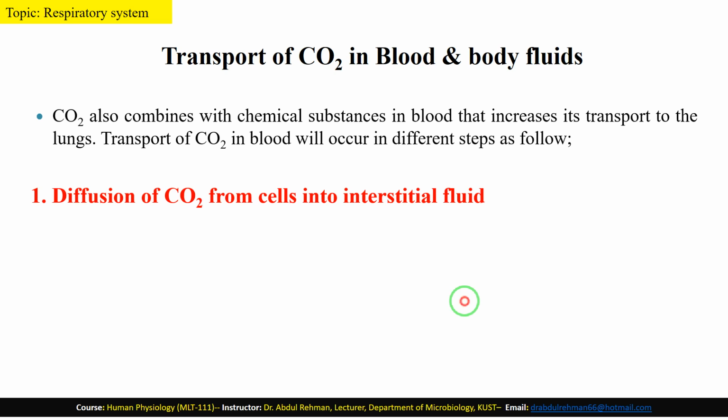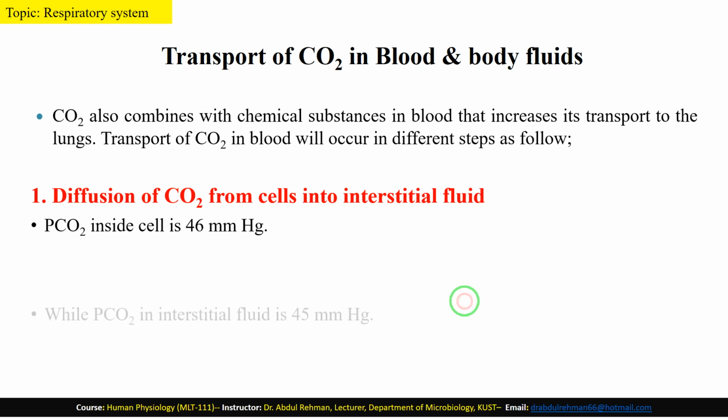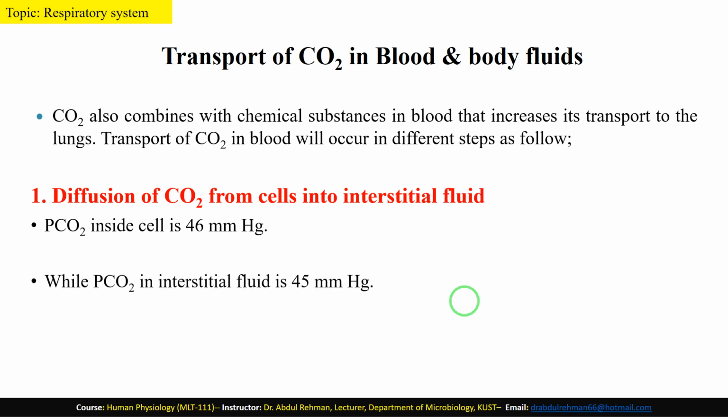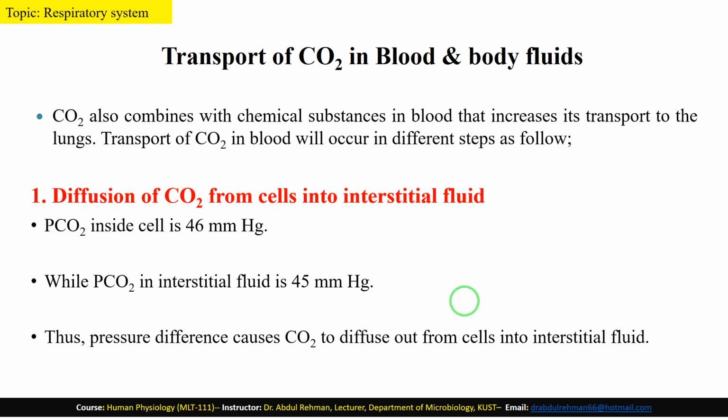The partial pressure of carbon dioxide inside the cell is 46 mm Hg, while the partial pressure of carbon dioxide in interstitial fluid is 45 mm Hg. So this pressure difference of 1 mm Hg allows the diffusion of carbon dioxide from cells into the interstitial fluid.